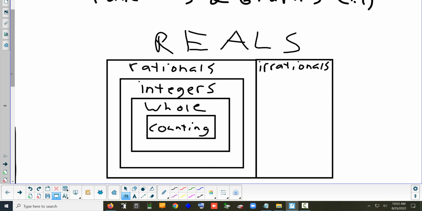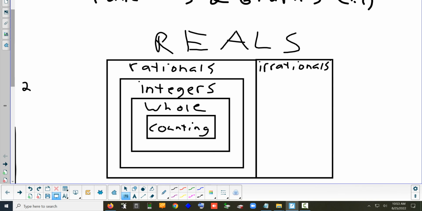The problem with just counting numbers is when you get into arithmetic, there are certain types of problems you wouldn't be able to do with just counting numbers. Addition would be okay. If you take a counting number and you do addition with another counting number, you'll be okay. The problem would come with subtraction. Somebody give me a counting number. 23.